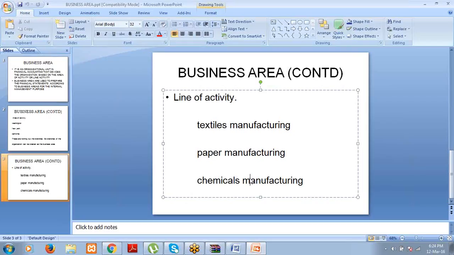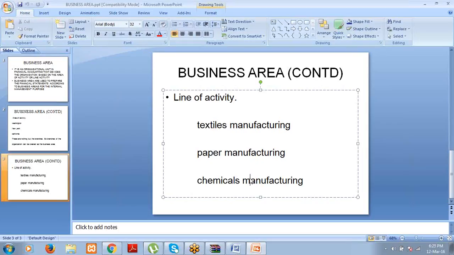At the time of posting every expenditure, every revenue, or every business transaction, the user has to enter the business area. With the help of that business area information, the system will be able to identify the expenses, revenues, and balance sheet items with the respective business areas.